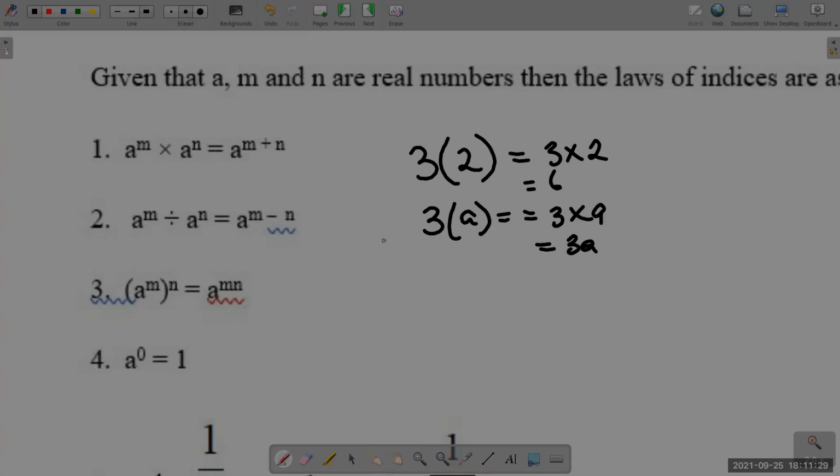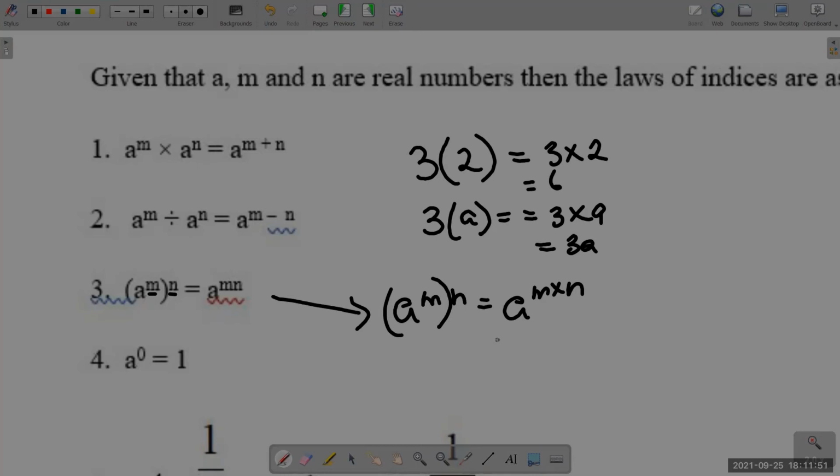So in this example, we need to pay attention to the powers. Anytime you have brackets where one power is inside and one power is outside, it simply means to multiply both powers. So this would be a to the m times n.